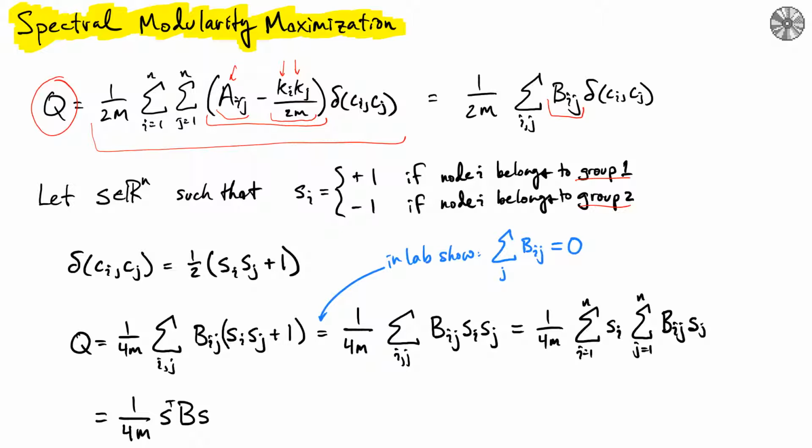So we're not going to use c_i and c_j, but now we're going to label this s_i, essentially the class of node i, being plus or minus 1, and that's going to denote the two different groups or classes. And so then we can rewrite this delta function, being a little tricky, like this.